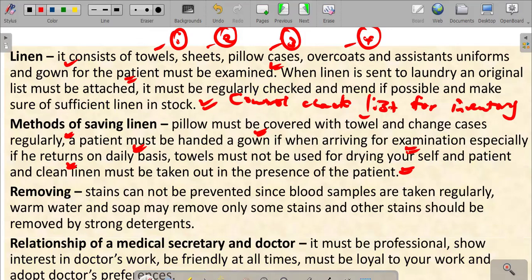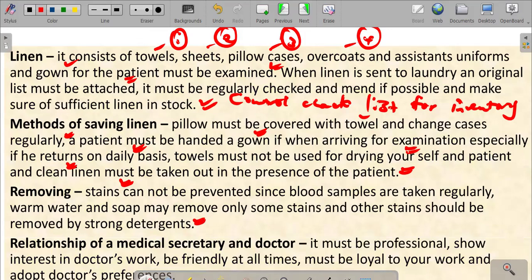Removing stains: linen can have stains, which cannot be prevented since blood samples are taken regularly. Warm water and soap may remove only some stains, and other stains should be removed by strong detergents. We are saying hospital linen must always be kept clean.